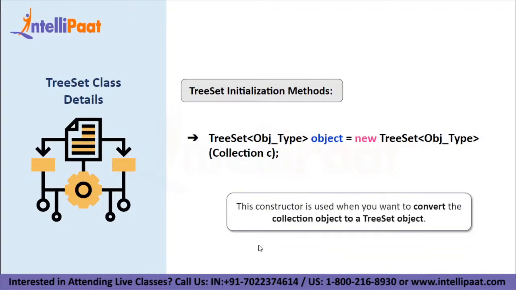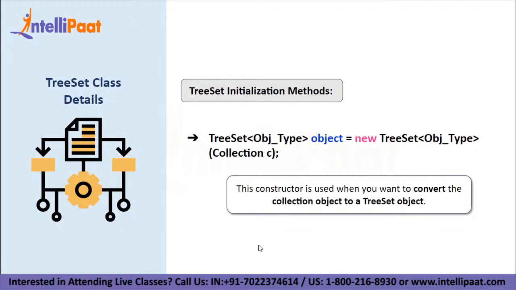The third constructor on our list allows you to build a tree set object containing all the elements from the provided collection in which elements will get stored in default natural sorting order. In short, this constructor is used when you want to convert the collection object to a tree set object.